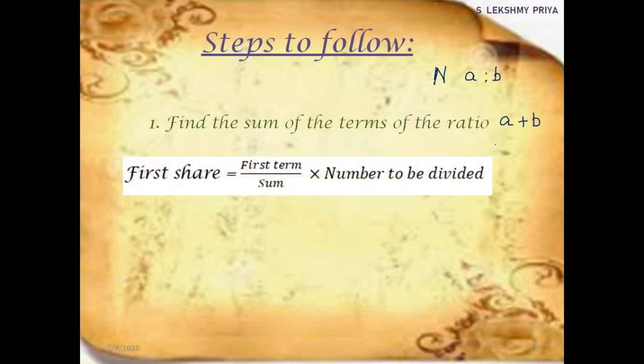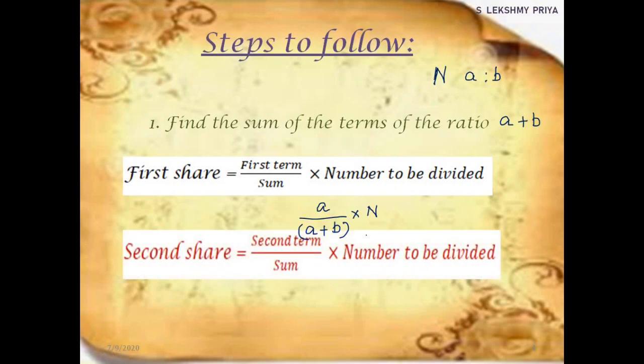The next step is to find the first share. How do we find the first share? It is the first term in the ratio by the sum, times the number to be divided. So here the first term is A, and the sum is A plus B, and the number to be divided we considered as capital N. Then what will be the second share?